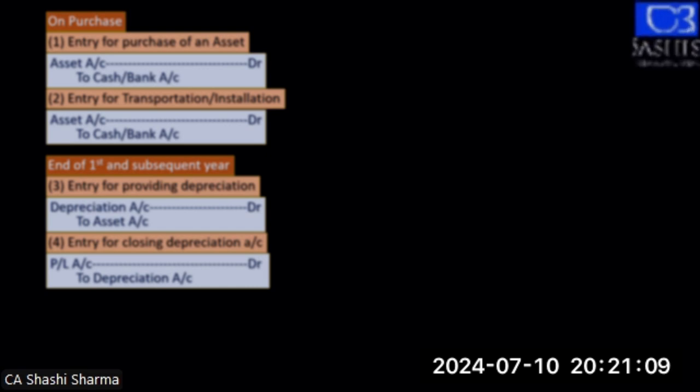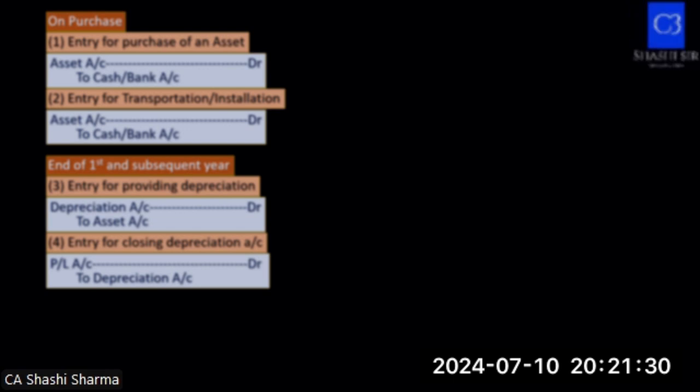Okay, let me repeat that all the nominal accounts are closed by transferring their balances to the trading and profit and loss account. It's very much necessary to calculate the correct profit or loss.